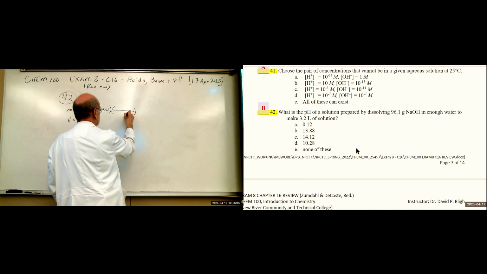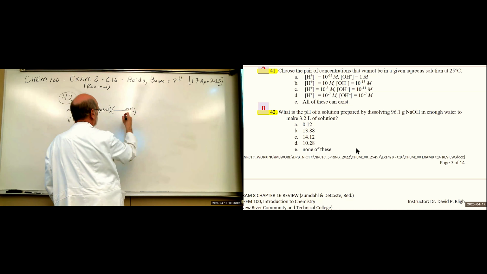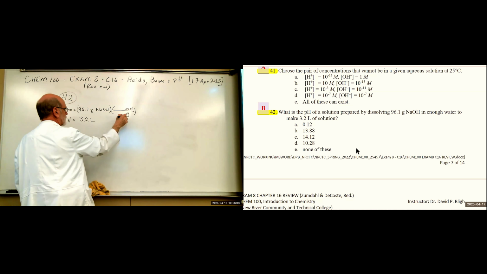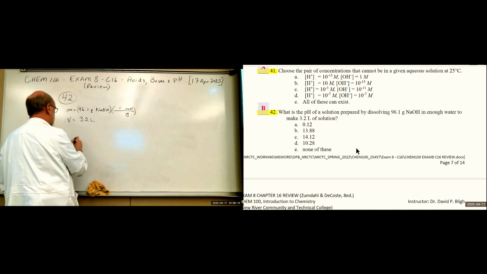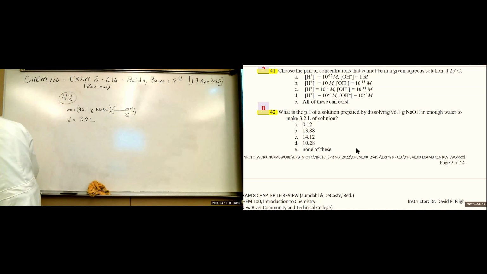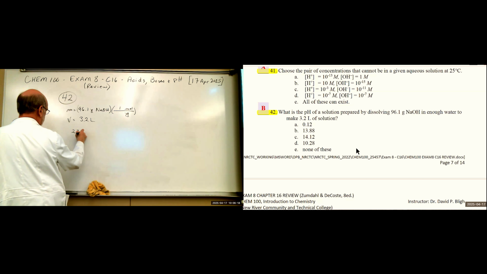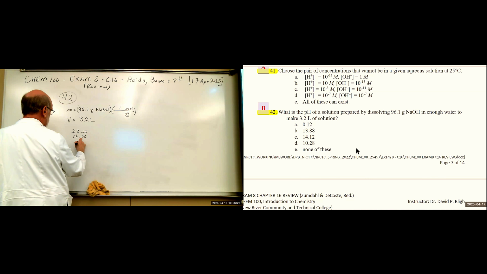What we need to do is convert, right? Numerator, denominator. Now we're left to moles. What we need is the molar mass of sodium hydroxide. So sodium is 23, right? Oxygen is 16. Hydrogen is 1.01.